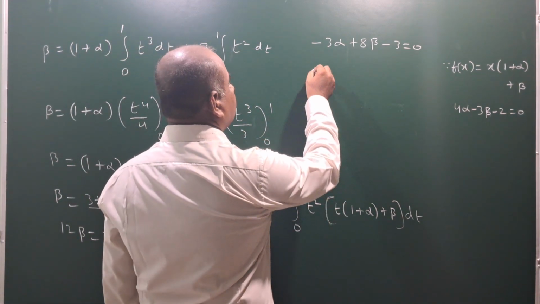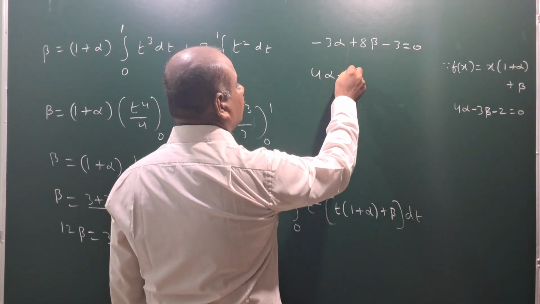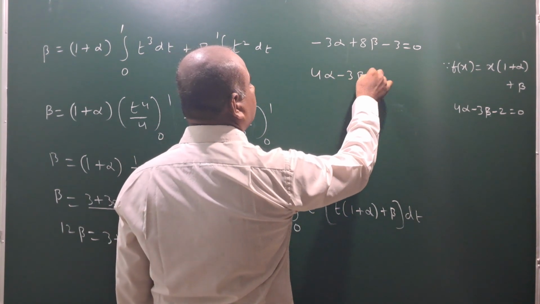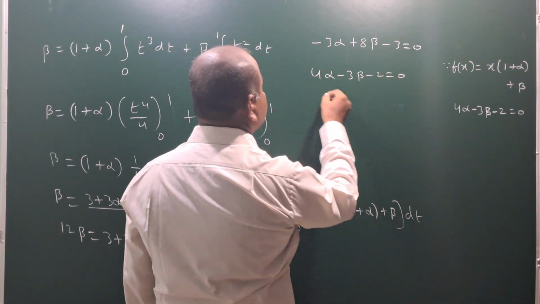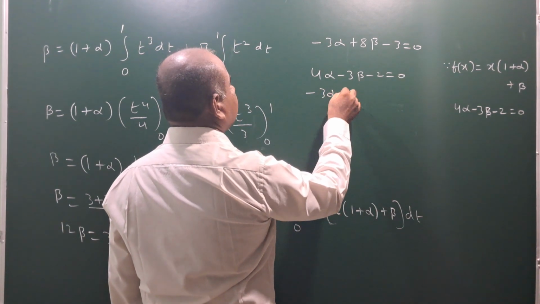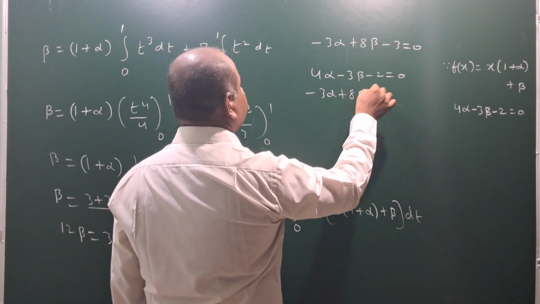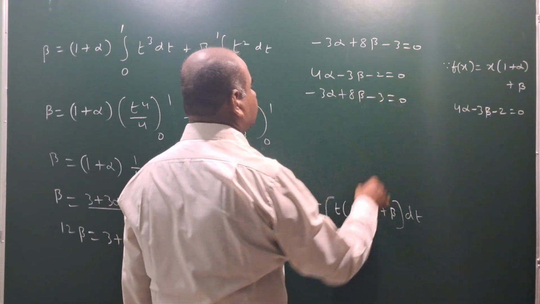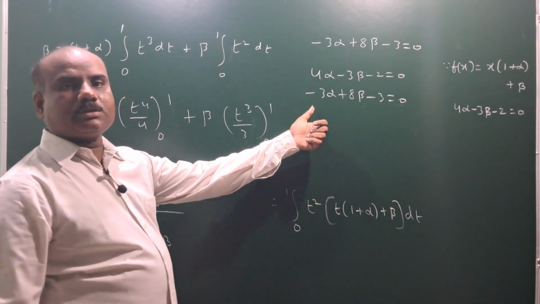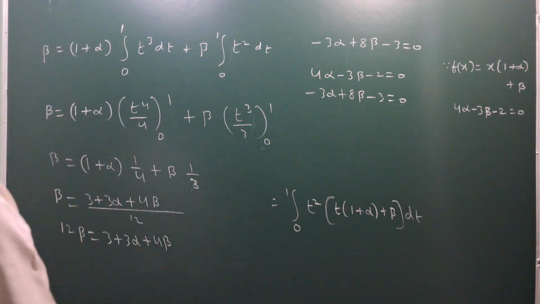Now we have to solve these two equations: 4 alpha minus 3 beta minus 2 is equal to 0, and minus 3 alpha plus 8 beta minus 3 is equal to 0. Let us see that.